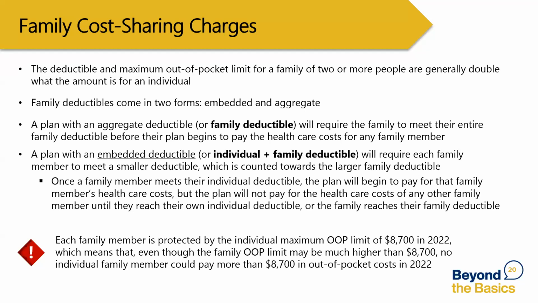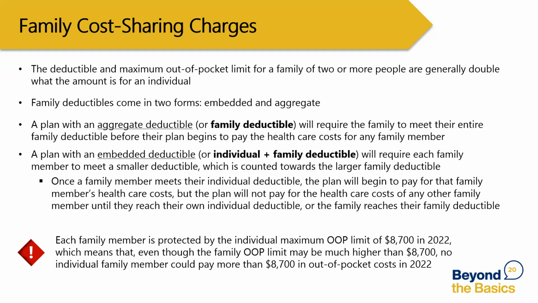A plan with an aggregate family deductible requires the family to meet their entire family deductible before their plan begins to pay for the healthcare services of any family member. On the other hand, a plan with an embedded deductible, which is individual plus family, will require each family member to meet a smaller deductible, which is counted towards the larger family deductible.